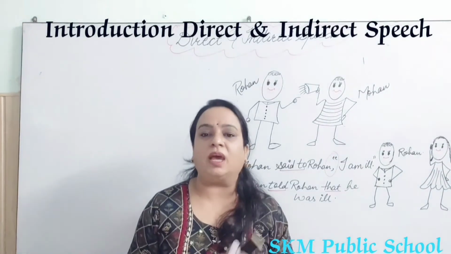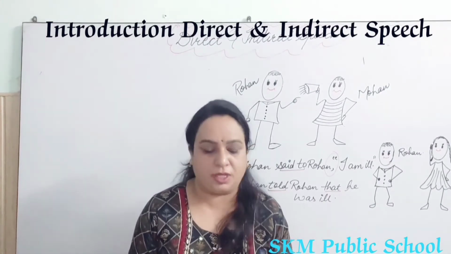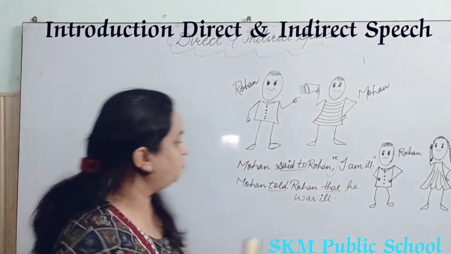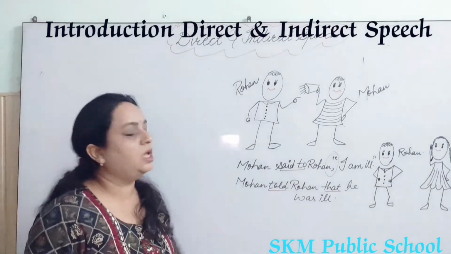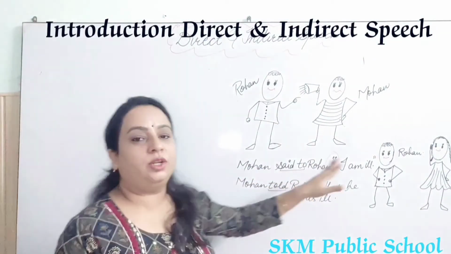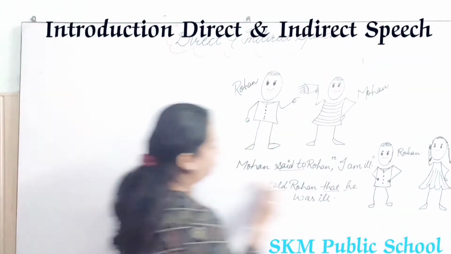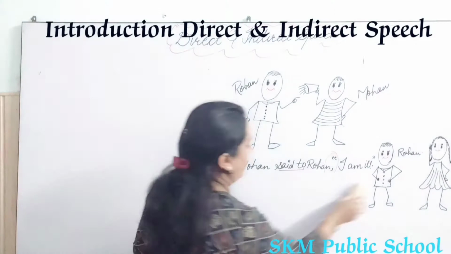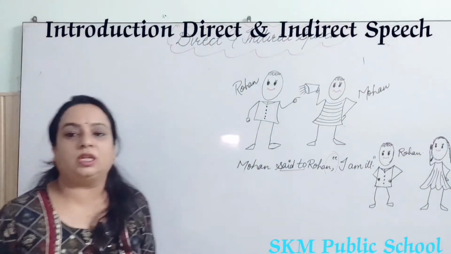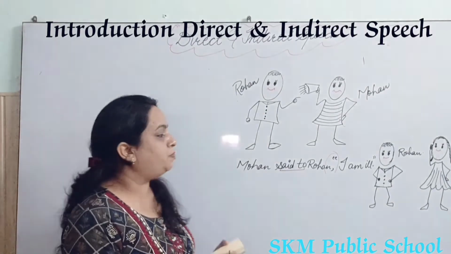Dear students, we have to learn something more about direct and indirect speech. As we have done here, Mohan said to Rohan, "I am ill." This sentence is divided into two parts, you have seen here. Right now I am just removing the answer of this question, and I will tell you something about the reported clause, the reported verb and the reported speech.